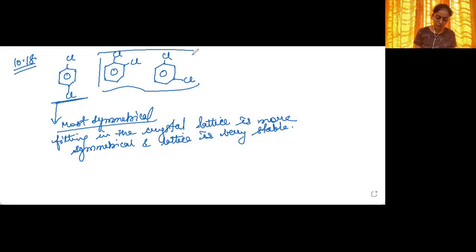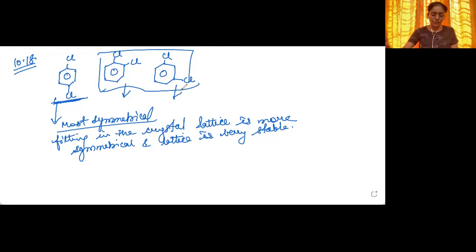But in case of ortho and meta isomers, the structure is not that symmetrical like the para isomer. So the fitting in the crystal lattice will not be as good as in case of the para isomer. So the breaking of the lattice, or the melting of the lattice, is easier in case of ortho and meta isomers.